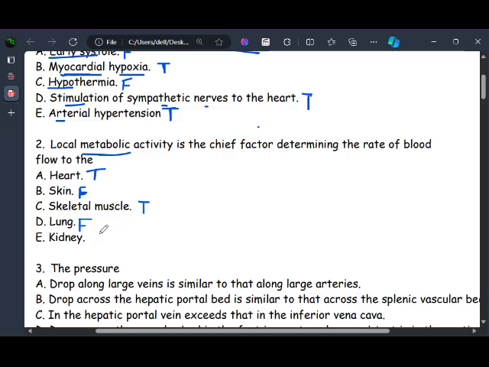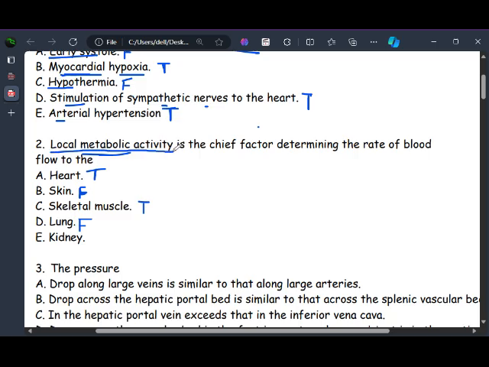Okay, then the kidney. The kidney serves a similar function as well. The blood has to be filtered regardless, whether the kidney is in a metabolic state or not. So blood still has to be sent there for filtration. So that as well cannot be a reason to say that the rate of blood flow is controlled by local metabolic activity. The key word there is local metabolic activity.